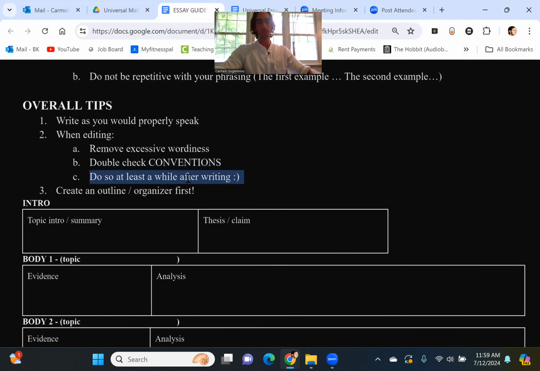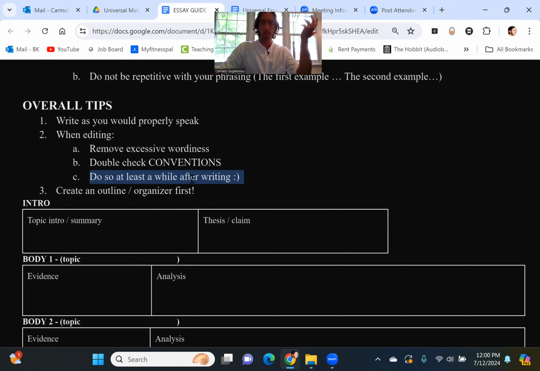Do so at least a while after writing. Don't sit there, finish your essay, unless you're on a time crunch, and say, okay, I'm gonna go edit all this stuff right now. No, take a break. If it's an essay you're doing at home, or an essay you're doing for class, just put it down, walk away for a little while, take like a 5-minute break, then go back and look at it. Why?